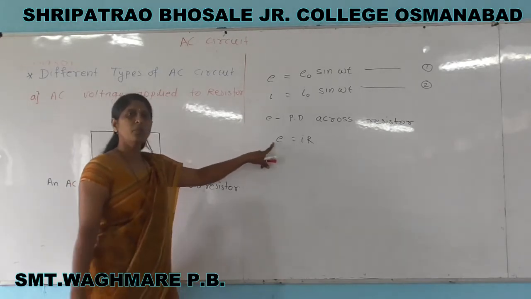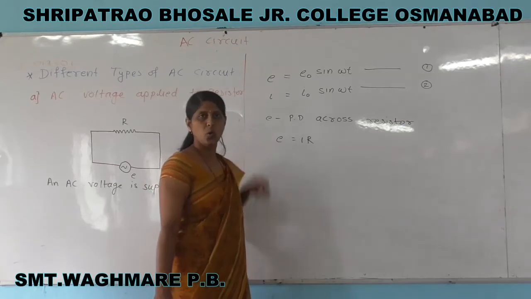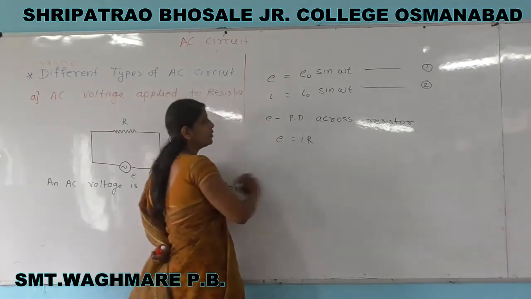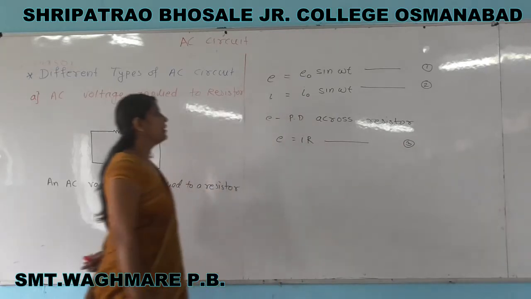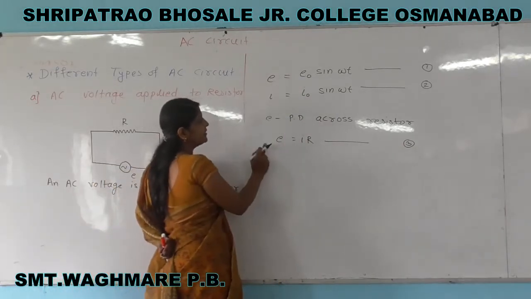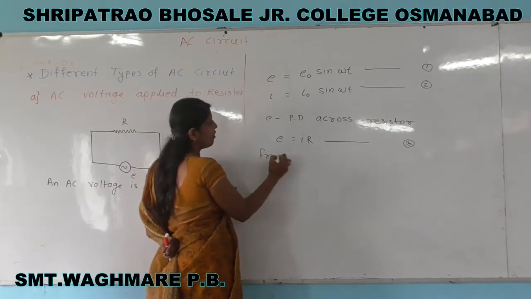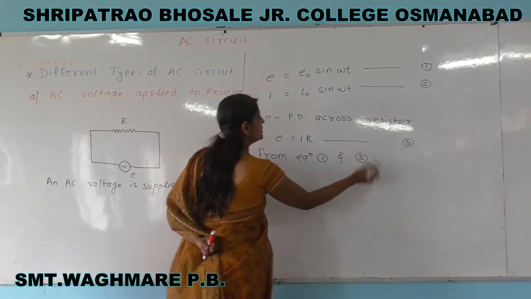That is, the potential drop is equal to current into resistance. E is equal to I into R, say equation number 3. From equation 1 and 3.